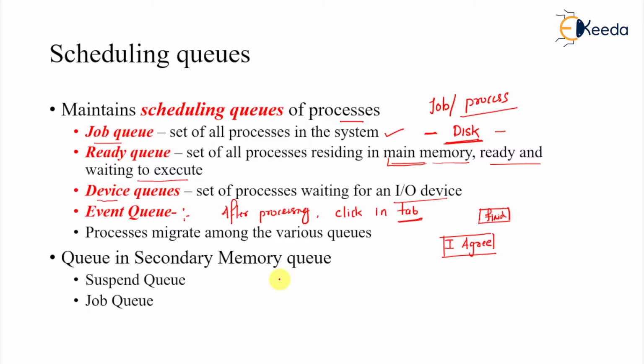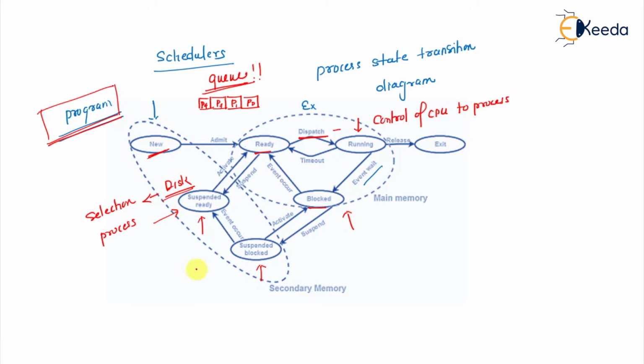So there are different queues. And there are also queues in the secondary memory: the suspend queue and the job queue. The job queue is the set of all processes, and the suspend queue is something used to reduce the degree of multi-programming.